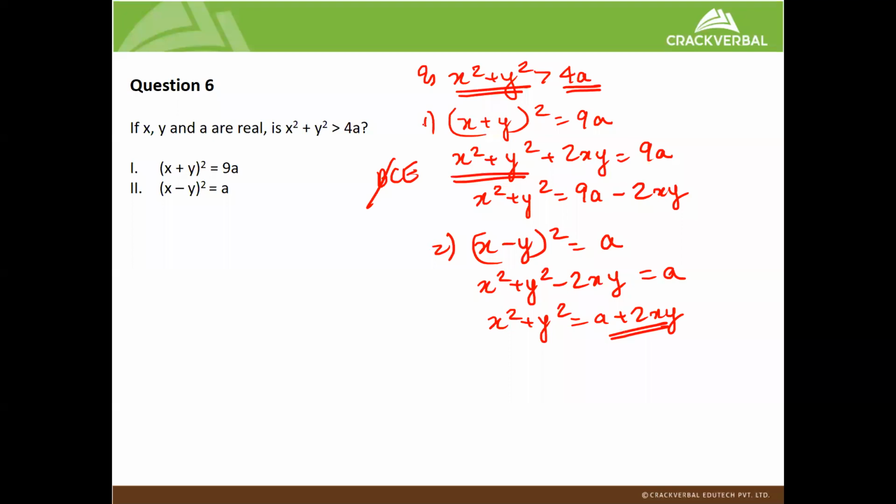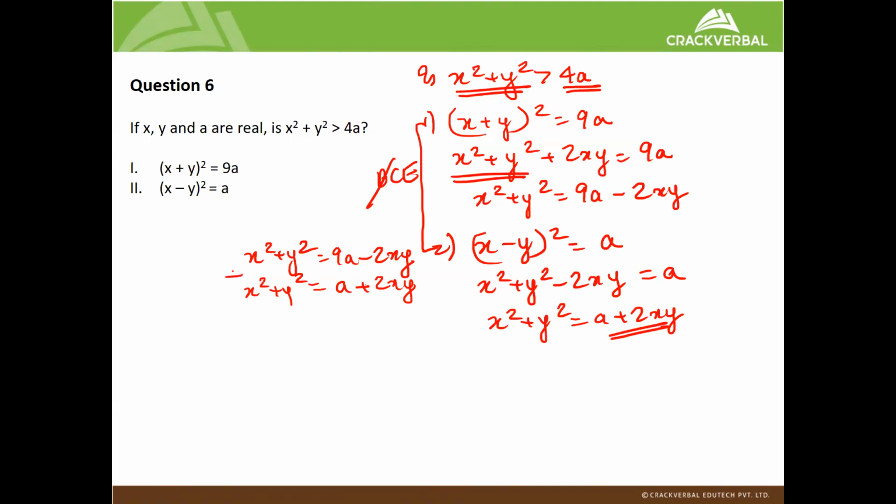So what am I going to do when I combine the two statements? Like I said in the first question, when you combine two statements, always try to work towards the question. And you remember, you can use mathematical operations between the two. So the first statement tells me x square plus y square is equal to 9a minus 2xy. And x square plus y square is also equal to a plus 2xy.